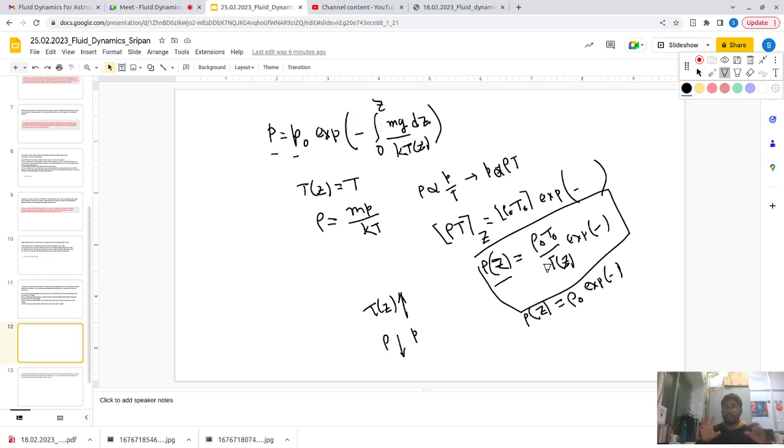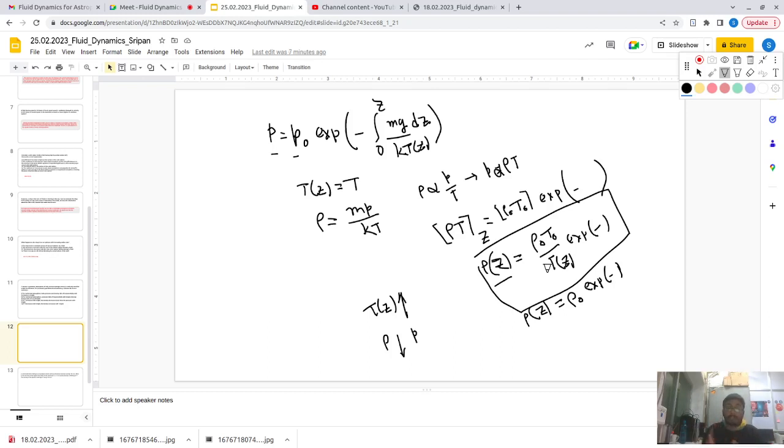This Tz is decreasing, so this 1 by T will increase, right? So now there are two terms: the exponential is trying to decrease the density, and you have 1 by T which will increase. Now what will happen? It will depend upon the comparison between them, whether this exponential term is more efficient than 1 by T, or 1 by T has a greater value with respect to this exponential.